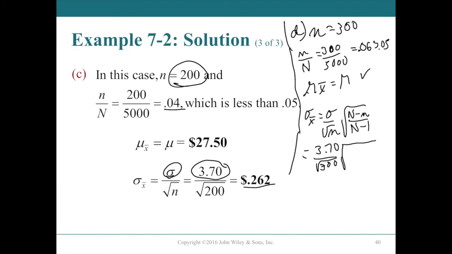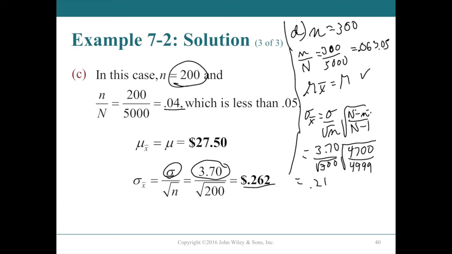N is still whatever was given, so here's square root of 300, but then this adjustment factor comes in. We take 5,000 minus 300, which I will just go ahead and tell you is 4,700. So take your big N minus your little n, and then, although it doesn't seem like it matters much, capital N minus 1, 5,000 minus 1 is 4,999.